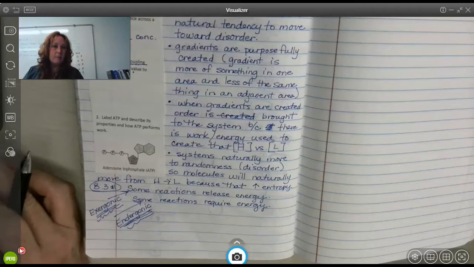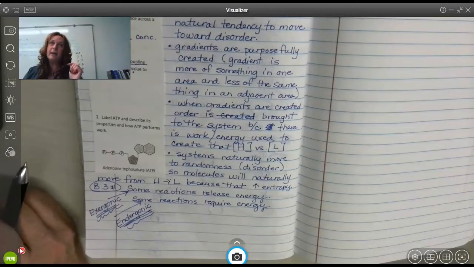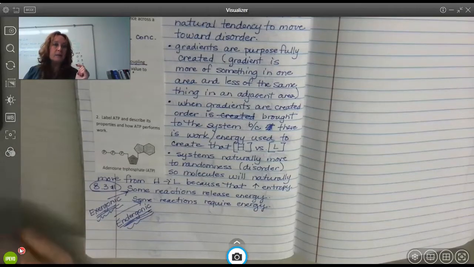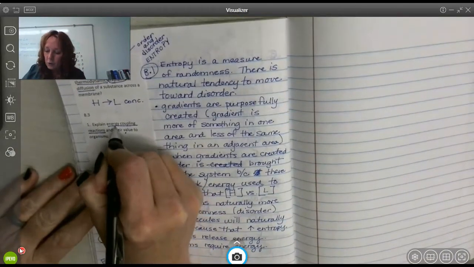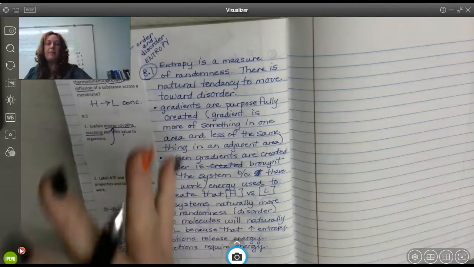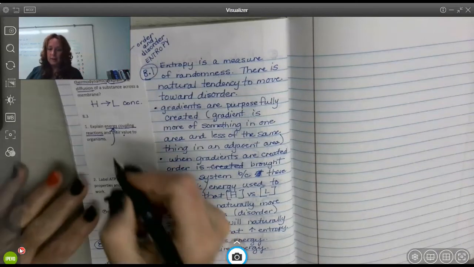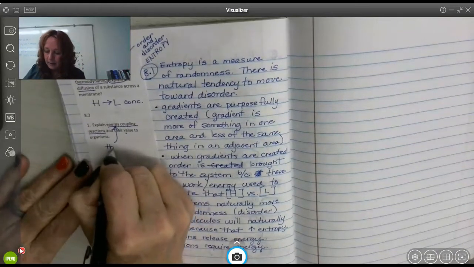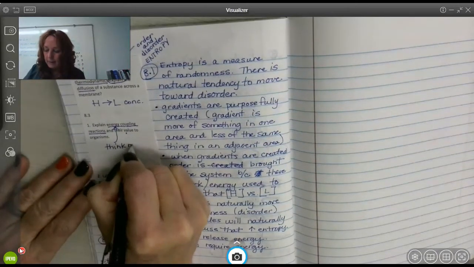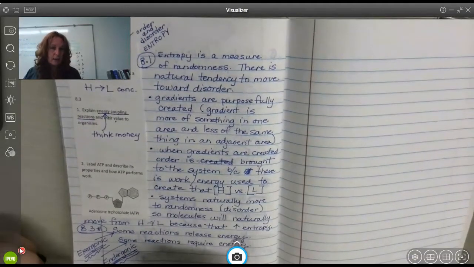Honestly, the best analogy, everybody's got experience with money. So whenever you are struggling and thinking about energy, step out of the biology world, move into your world, and think money. Because energy is the currency of the cell.